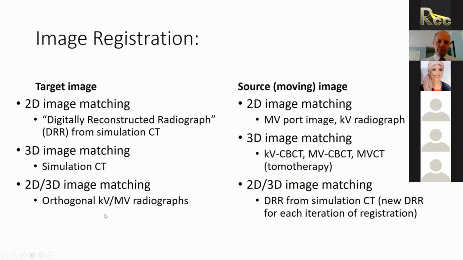So in other words, you take your images that you acquire at the machine, and then the algorithm will iteratively create radiographs to match, to find what your best match should be between the two systems.